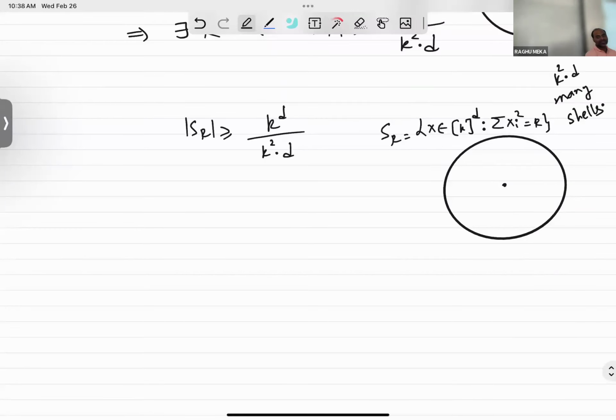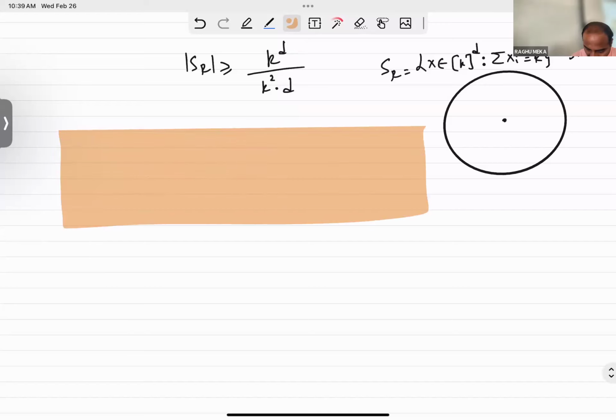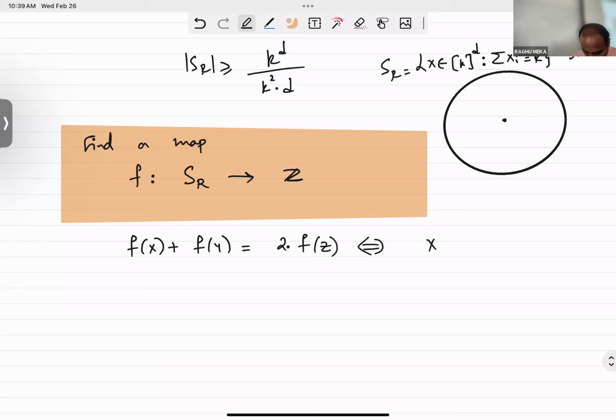The claim is now we can map these numbers back to the integers such that they respect the equations.